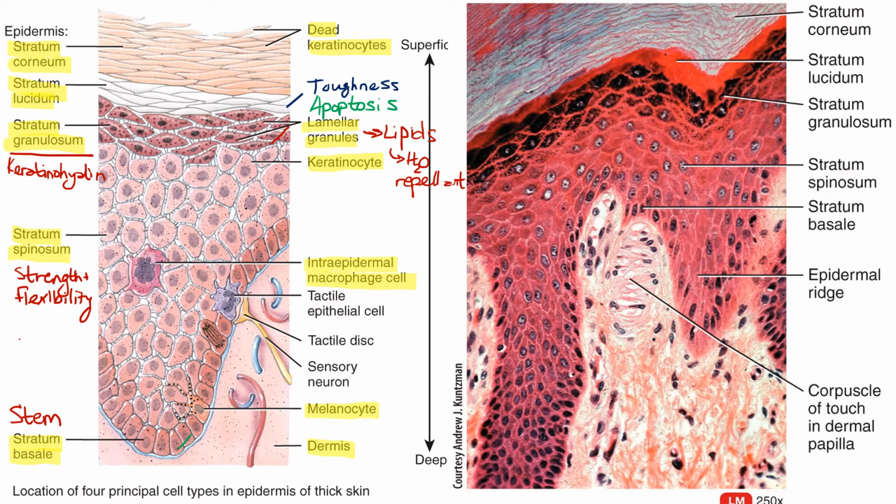Now these cells are going to be extremely thin. They no longer contain a nucleus or any internal organelles. And these cells overlap on one another quite a lot, kind of like scales on a snake. So they're just overlapping, fitting in where they can.